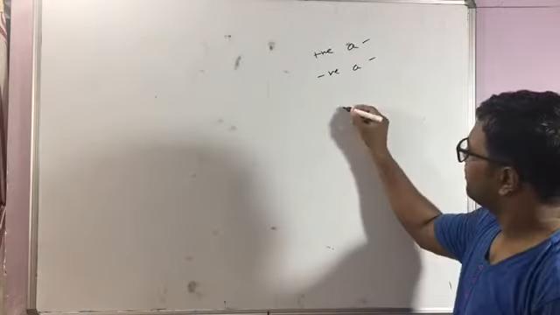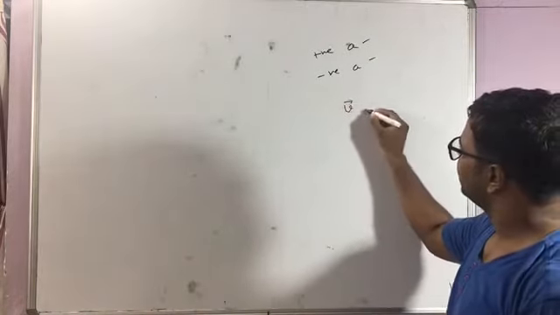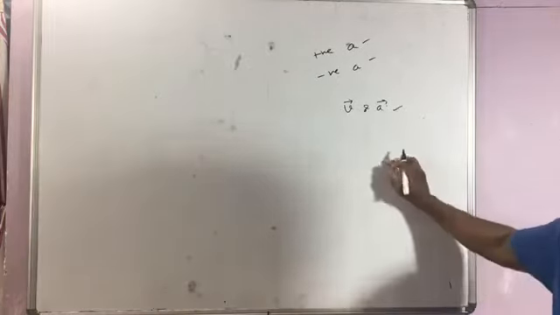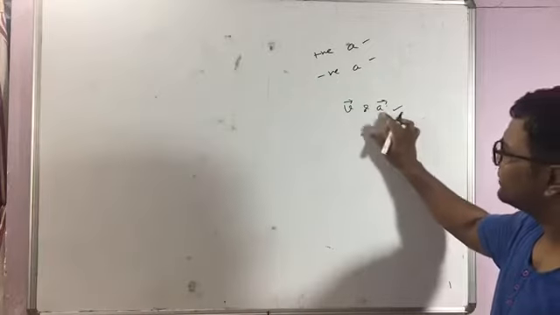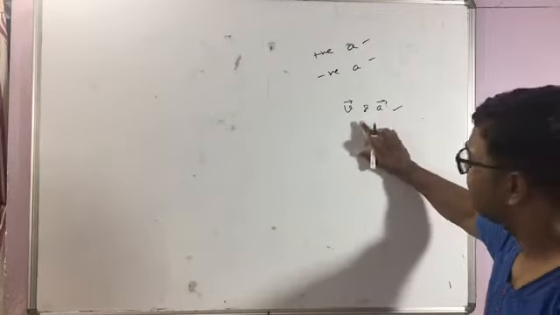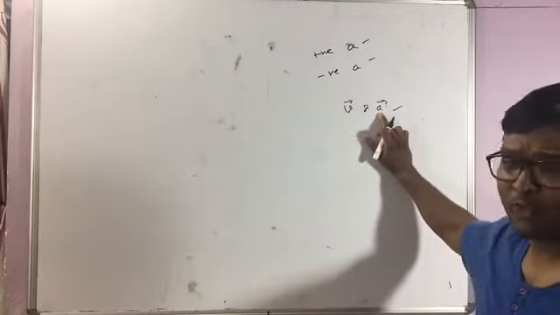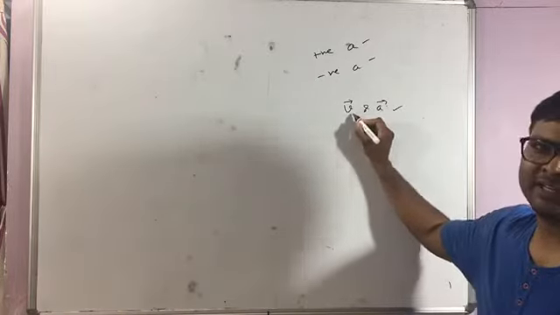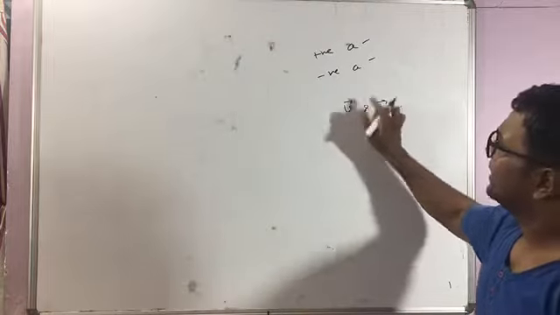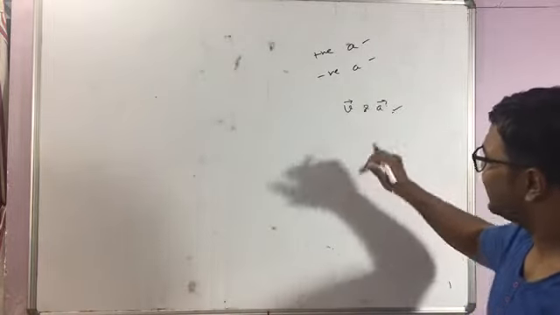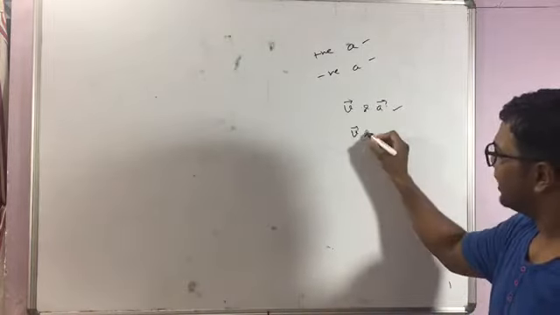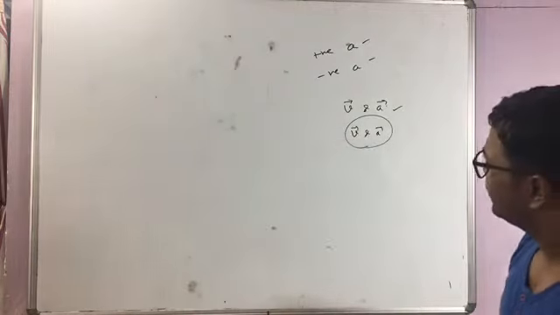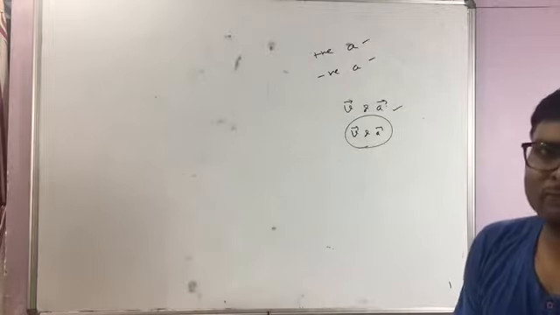You can say if velocity and acceleration are in the same direction, then acceleration is said to be positive. This can only be possible if the speed of a particle is increasing. And if the speed of a particle is decreasing, then velocity and acceleration are oppositely directed. So in that case, acceleration will turn out to be negative.